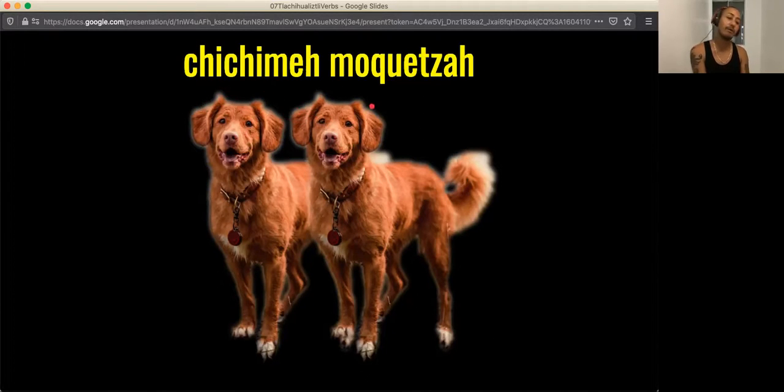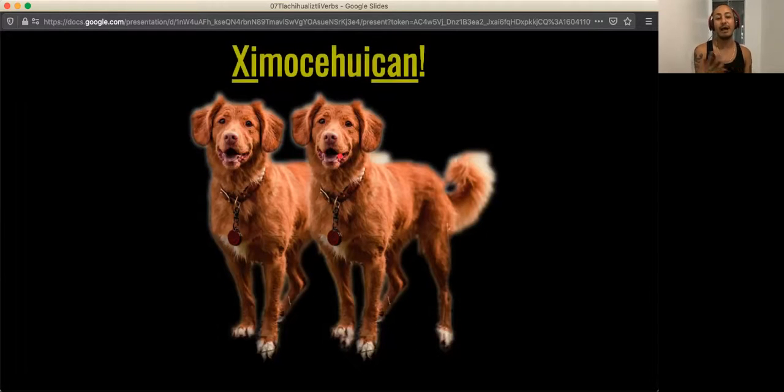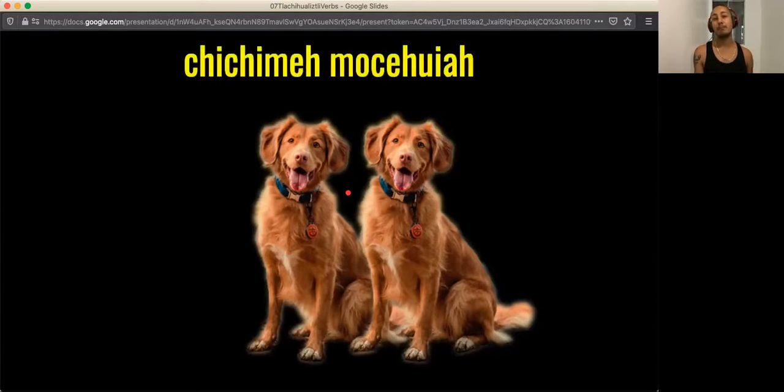Okay, so in this case, this is the other case where we're saying, look, these dogs are standing, chichime moketsa. But I was telling you to tell them to sit down, so I kind of messed up on the presentation part of it. You should be saying shimosewikan, okay? It's probably because I forgot what was next. Okay, so now chichime mosewia. So here I can point out the difference.